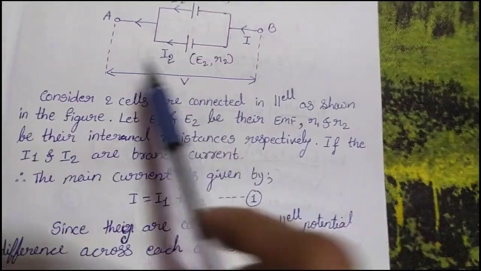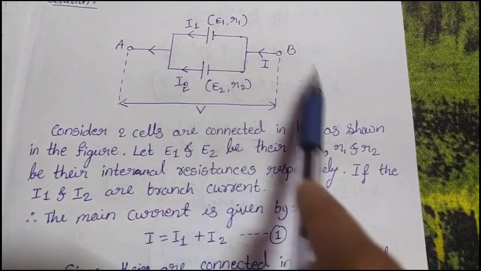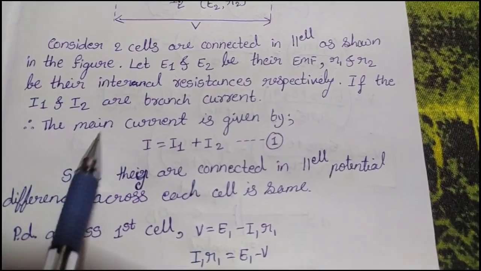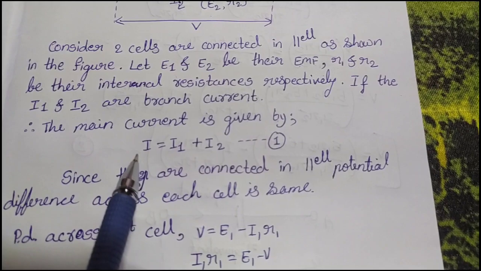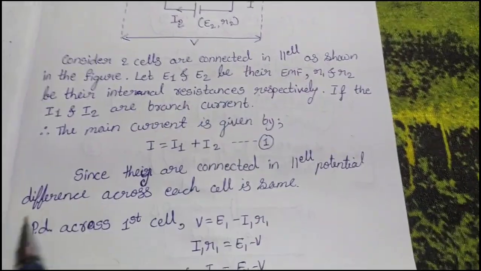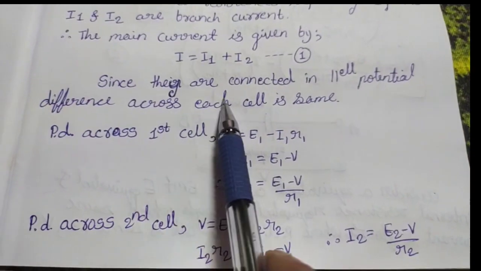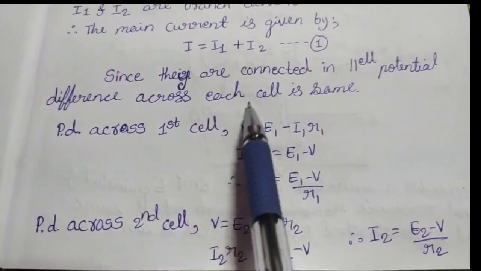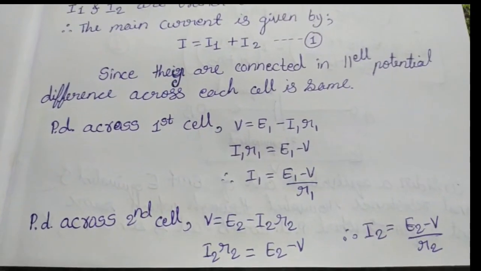And V is the potential difference between these two points A and B. Therefore, the main current is I equals I1 plus I2. Since they are connected in parallel, the potential difference across each cell is the same.